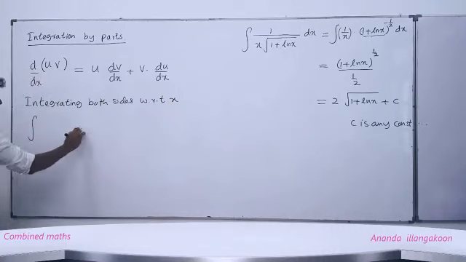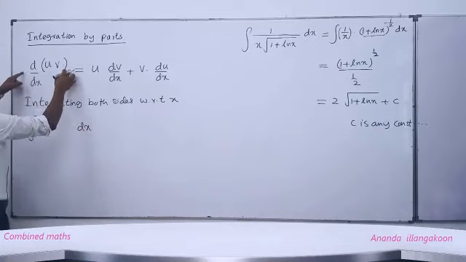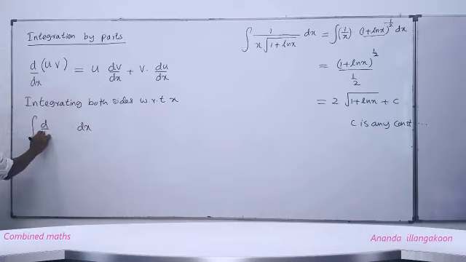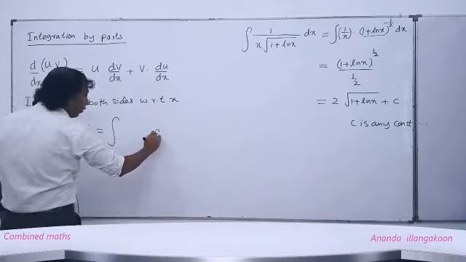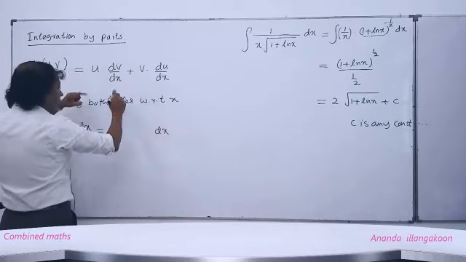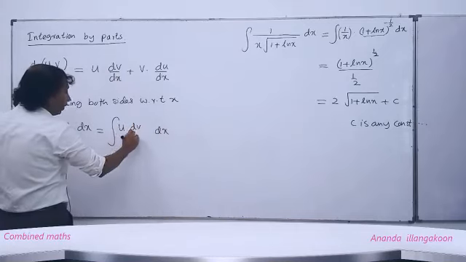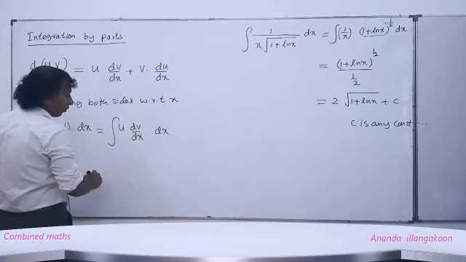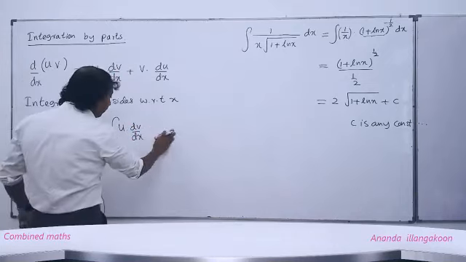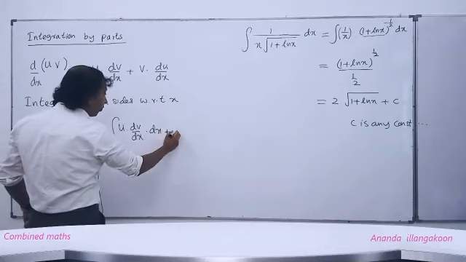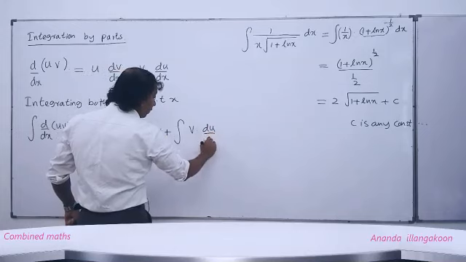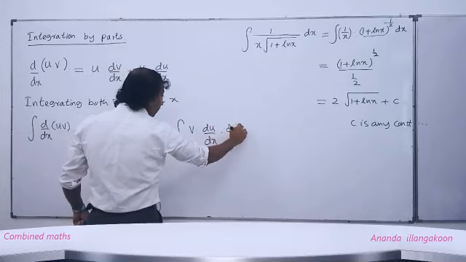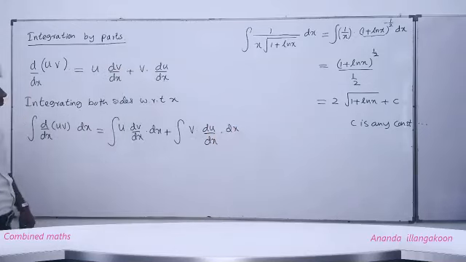Integration dx of d upon dx of uv equals integration with respect to x of u times dv by dx, right? Plus integration of v times du by dx. Okay, right.